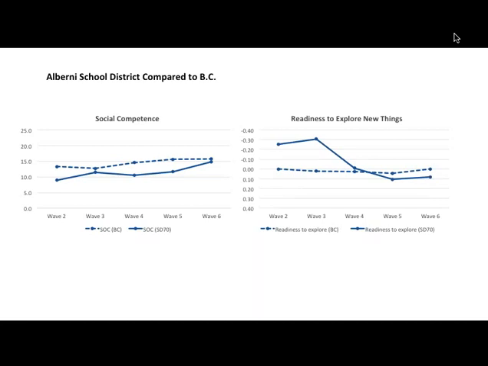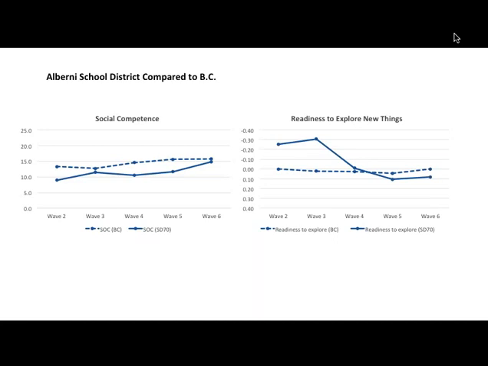In this case, Alberni shows this pattern generally of getting better over time, whereas in the province overall, it's pretty much stayed stable. And so I guess this is a good news story for Alberni, and it's the one place where the pattern's quite different over time than for the other three subscales.